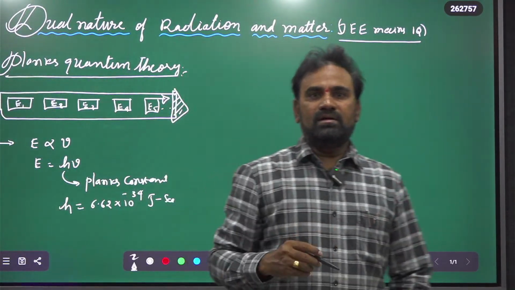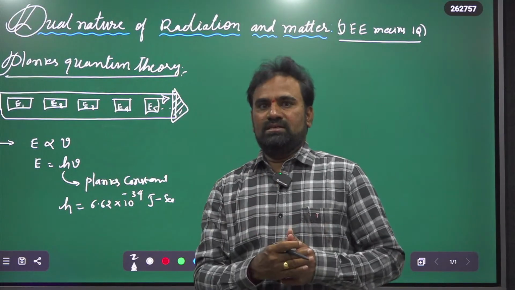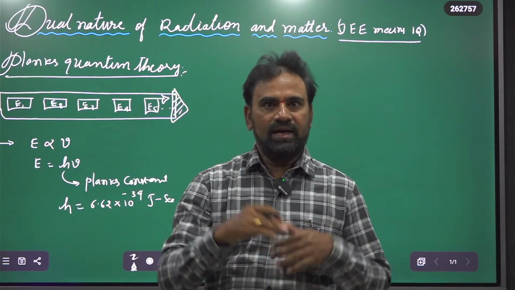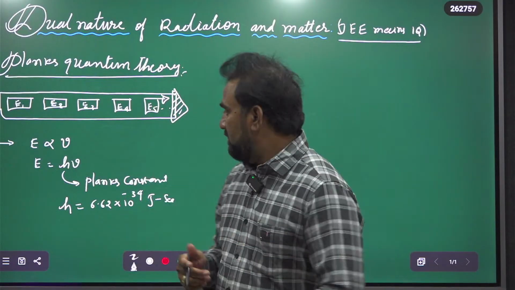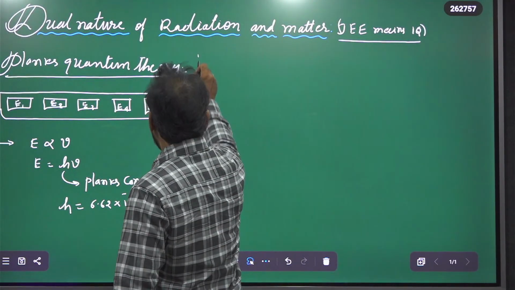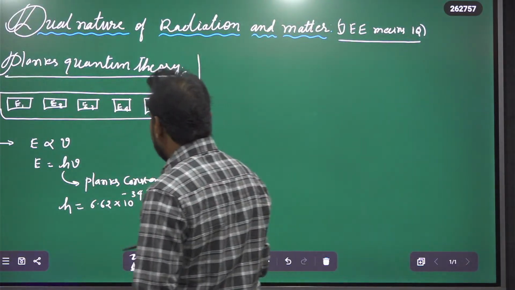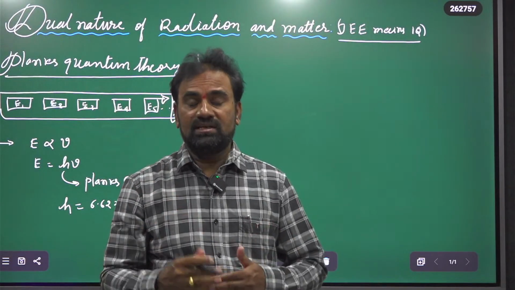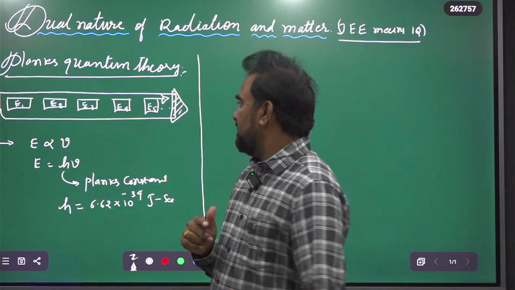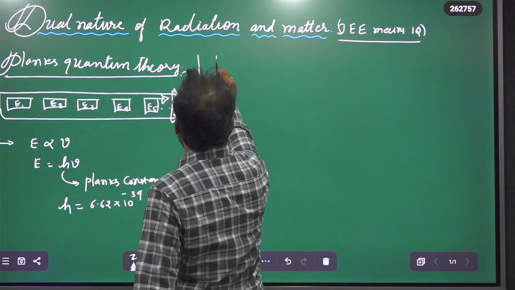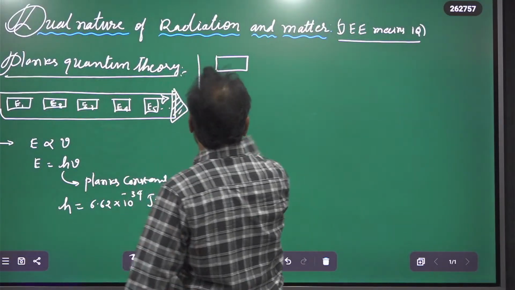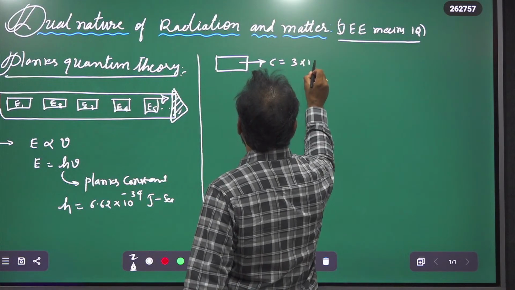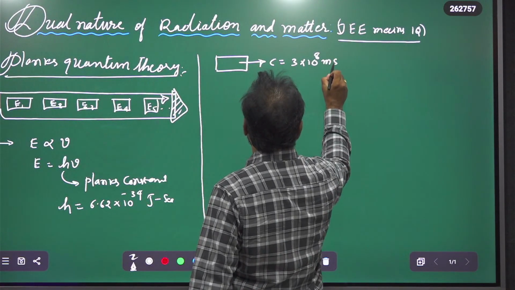Okay. And when this photon is incident on certain types of metals, it can exert a force and it can exert pressure. Next, the photon can travel with the velocity of light, that is c is equal to 3 into 10 to the power of 8 meter per second.